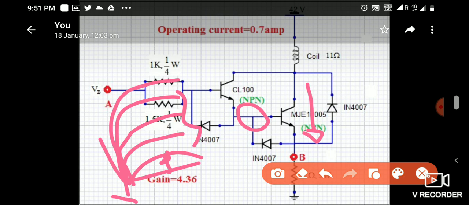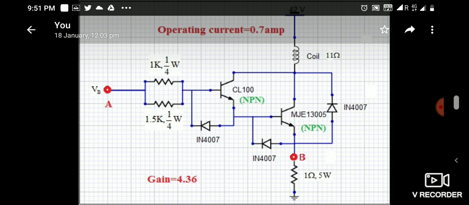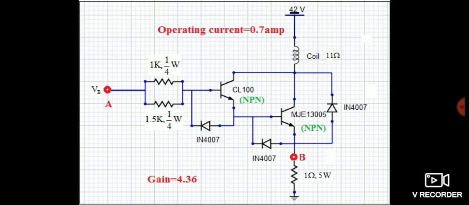Now we'll have to choose practical transistors. There are lots of transistors: CL100, CK100, NPN, PNP transistor. CK100 is PNP, MJE13005 is also NPN. What is our desired requirement?